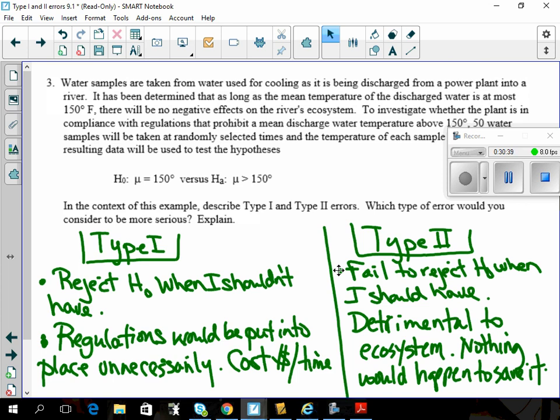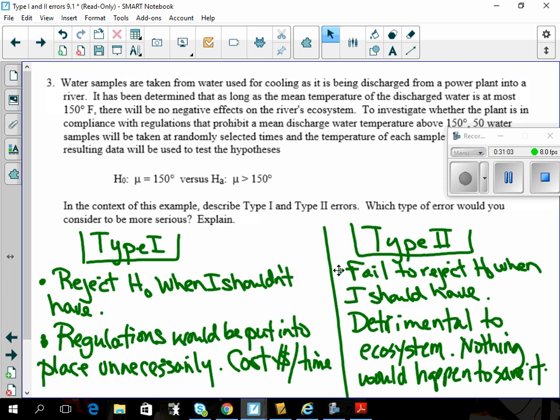In this problem, it seems like there's two things going on, but they talk about the plant being in compliance with the regulation. So you want to look at the null and alternative hypotheses because that's what you're making a decision based on, right? We're saying that the mean temperature either is 150 or it's not, right?